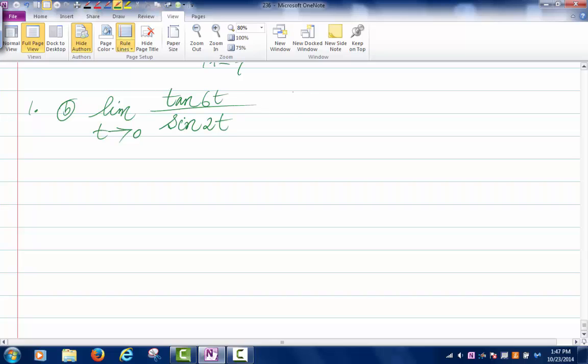So this is a limit problem from section 2.4. And remember, the idea was to use the fact that the limit of sine theta divided by theta is 1. So you have to use that limit in order to compute the limit of this fraction. Okay, so that's one question from 2.4.